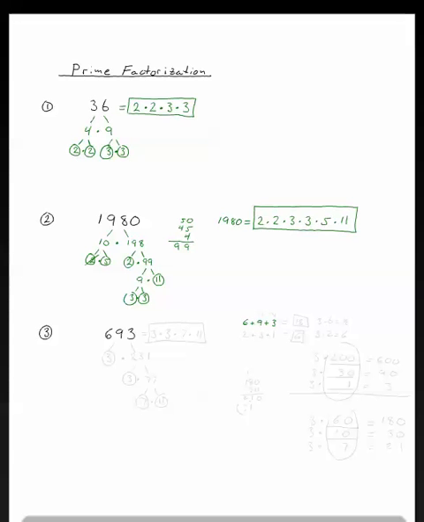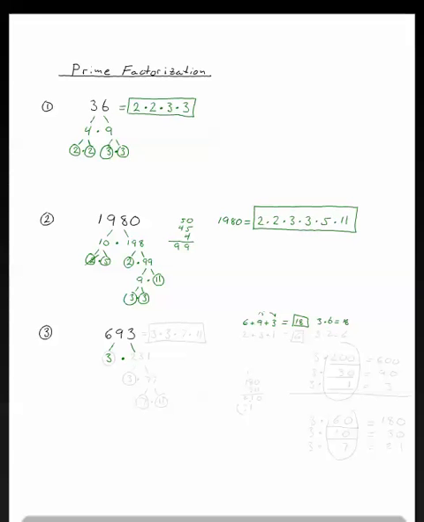Well, 6 plus 9 is 15, and 15 plus 3 is 18. Is 18 divisible by 3? Yes, because 3 times 6 is 18. So that's telling me that 693 is going to be 3 times something.